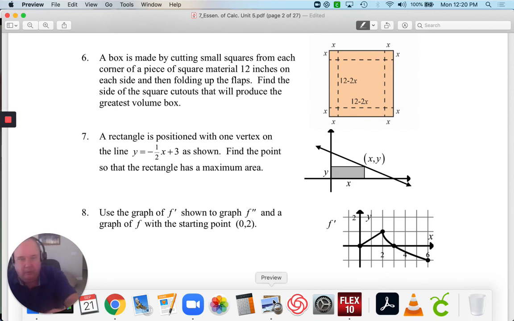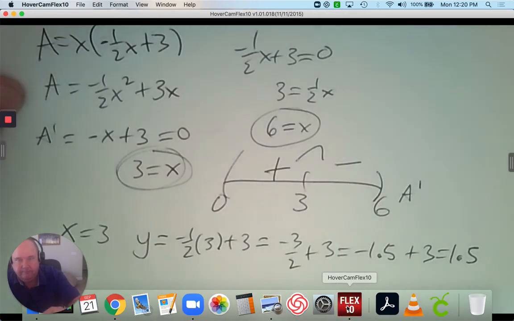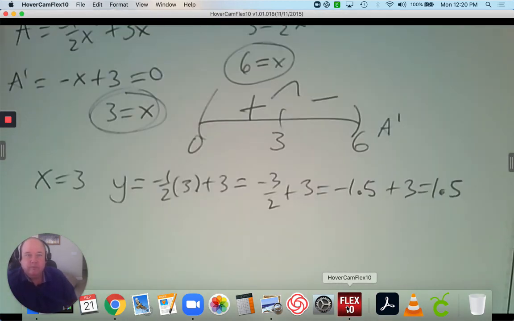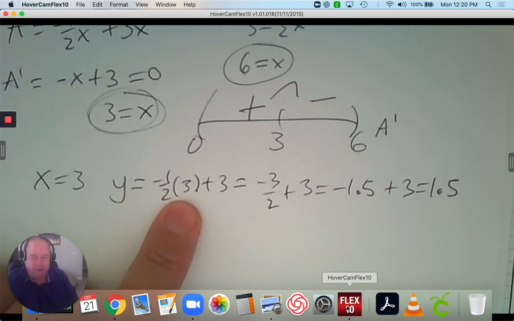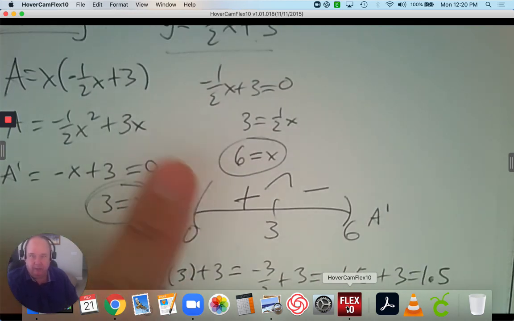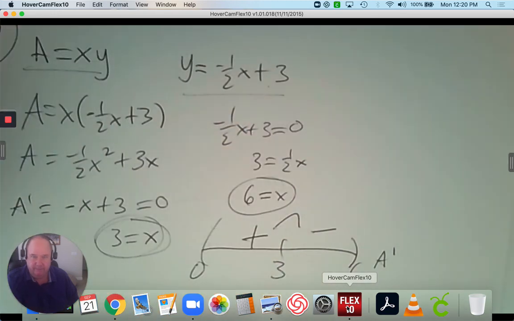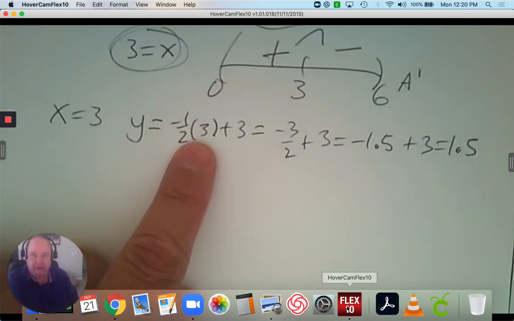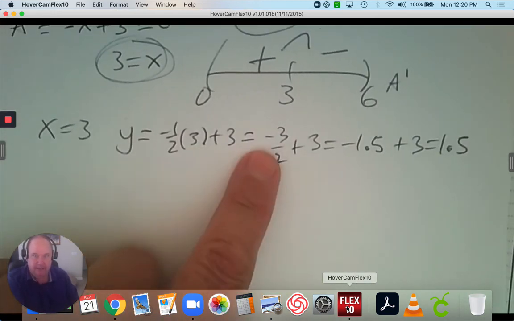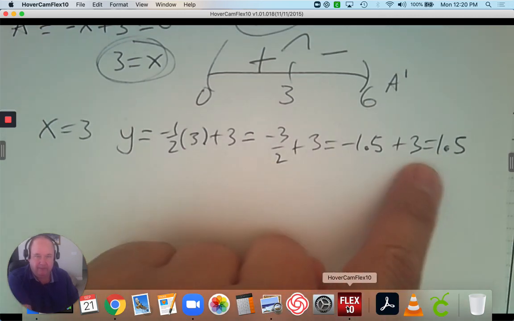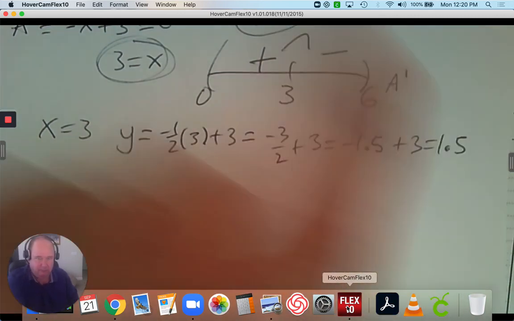I'll show you my work. So plug in 3 for x. That's what y equals, right? Y equals -1/2 x plus 3. So you know x is 3, plug it in. -3/2 is -1.5. I thought that was easier. Plus 3, so it's 1.5.